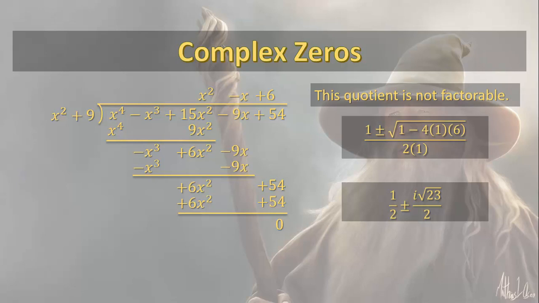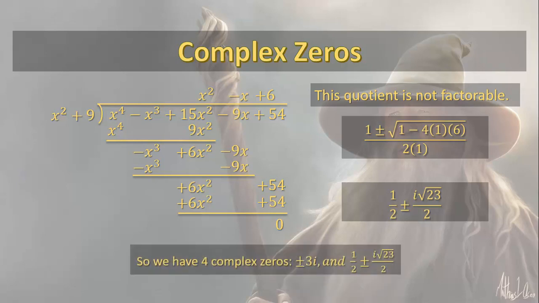So all of the zeros of this happen to be complex. Remember, I had 3i, that's what they gave me. So that means I knew that negative 3i was a 0. And now I have this hideous looking 1/2 plus or minus i square root of 23 over 2. But I found them all.